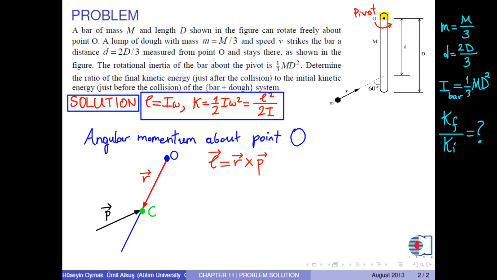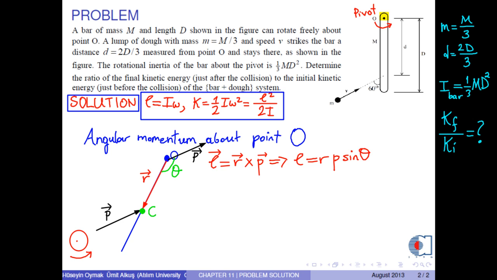Angular momentum of an object about point O is defined by the formula L equals r cross p. By the right-hand rule, the direction of the angular momentum is towards you. Because of the cross product, angular momentum has the magnitude r times p times sine theta, where theta is the angle between p and r.